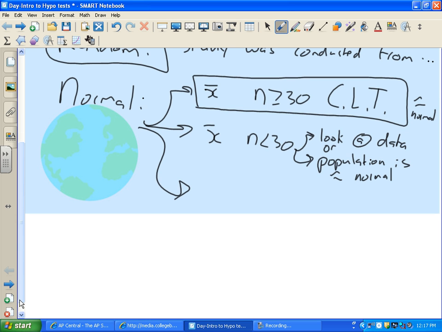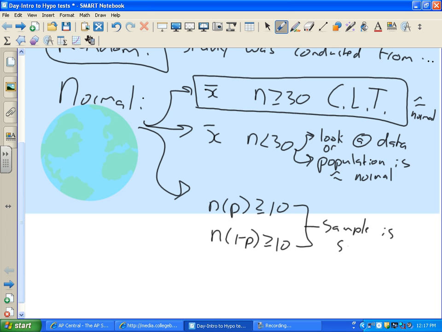And then the third one is when we're dealing with proportions, and that is n times p greater than or equal to 10, n times 1 minus p greater than or equal to 10, and that would say sample is sufficiently large, and once again you can apply the central limit theorem.